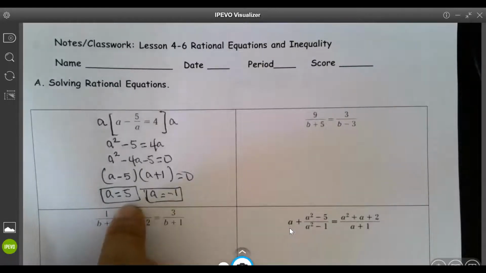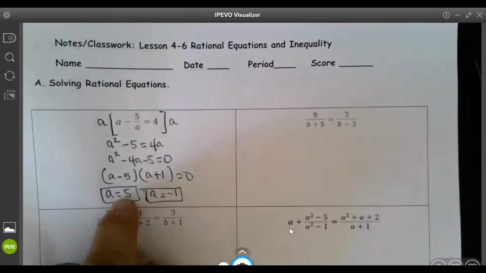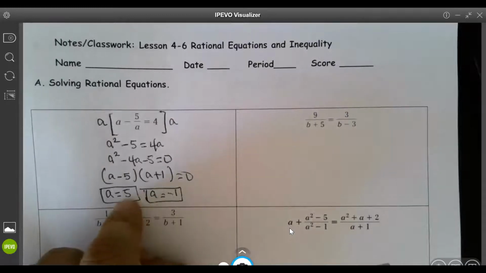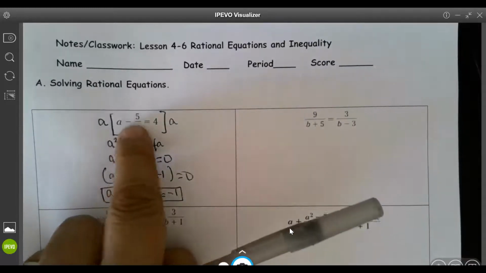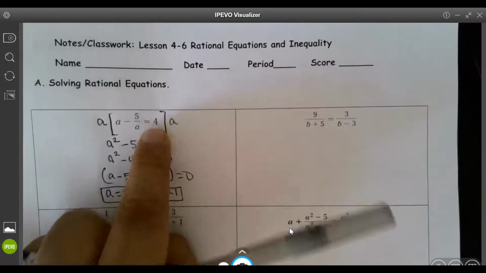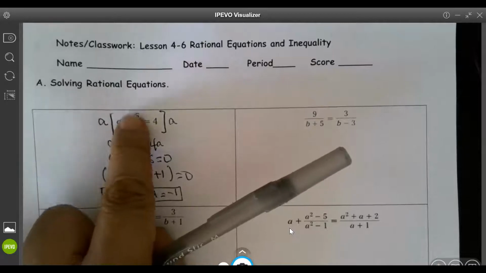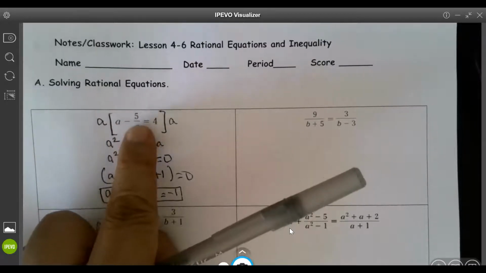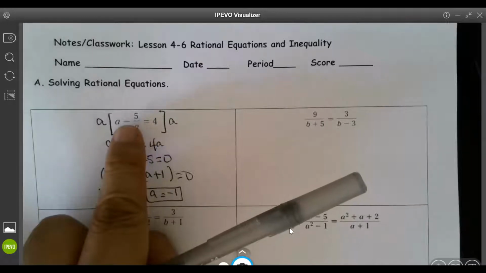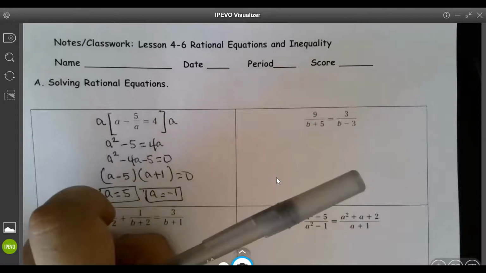One may be the real root and one may be the extraneous root, or both may be real roots. Meaning to say, if you plug in these numbers, it has to be equal to the right side, which is 4. Now let's try 5. This is 5 minus 5 over 5. 5 over 5 is 1. So 5 minus 1 is equal to 4.